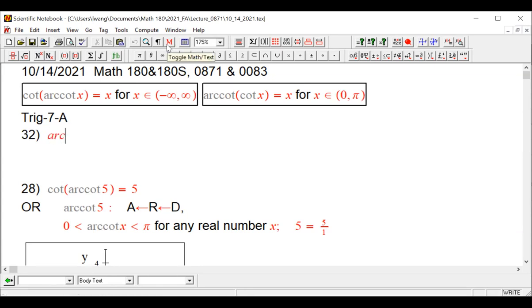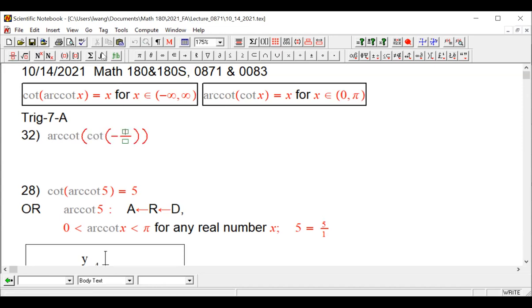32 is arc cotangent of negative pi over 6.